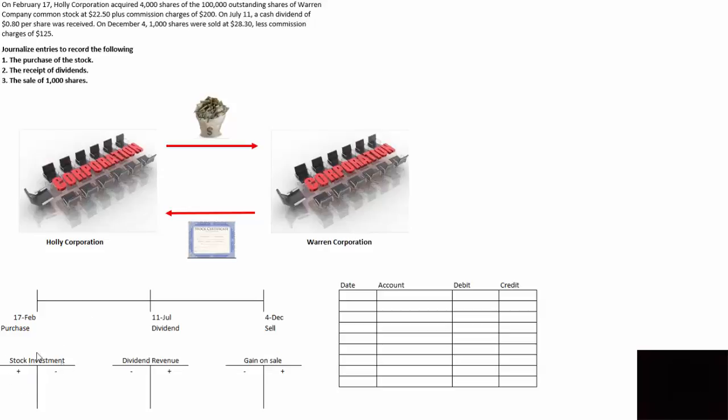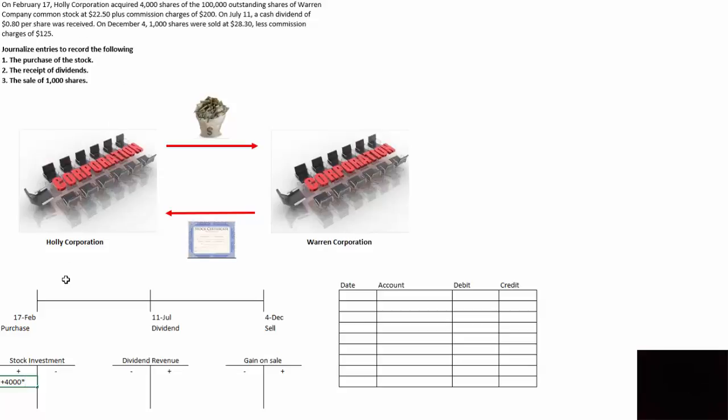That will be a stock investment, considered an asset, and that will increase by the value we pay, right? Remember, the historical cost principle says you record the asset at its cost. So 4,000 shares, not 100,000. 100,000 is how many they're authorized to issue, or how many are outstanding. We own 4%, 4,000.